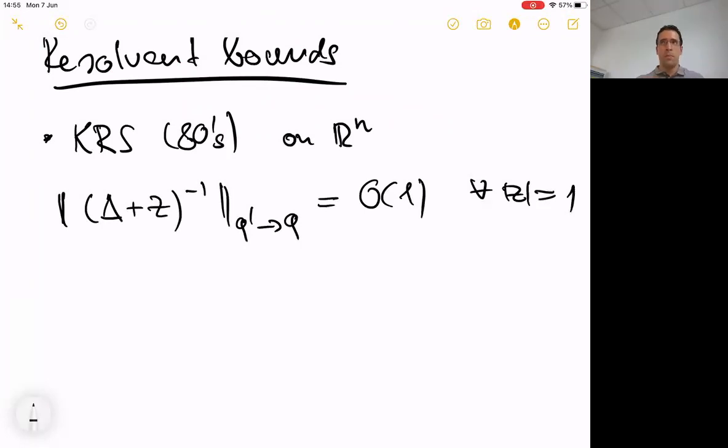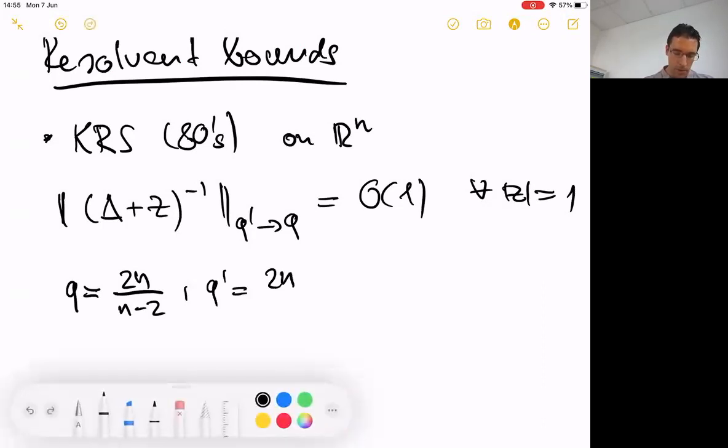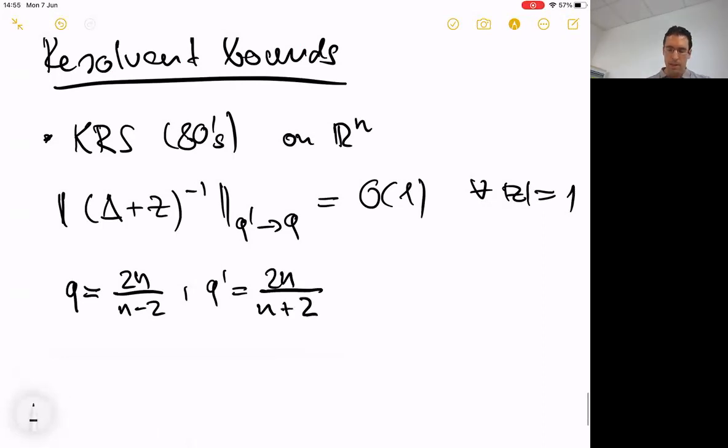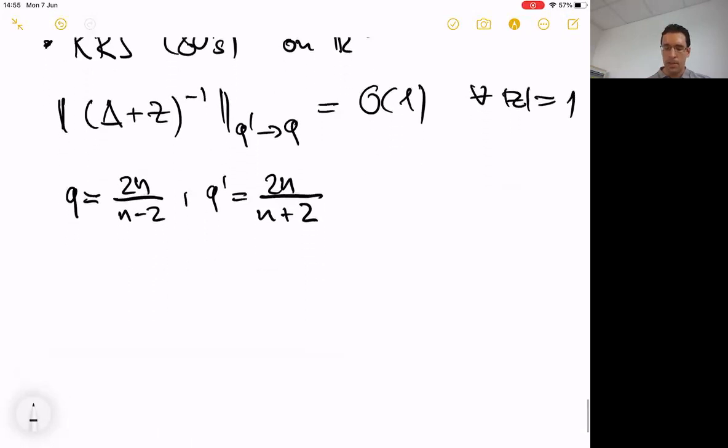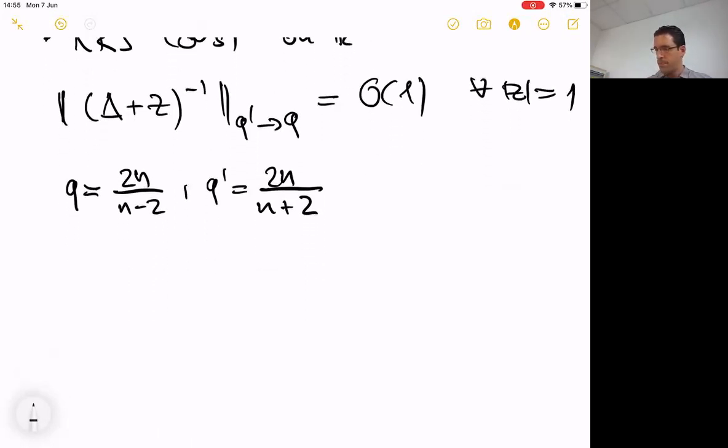They call these bounds uniform Sobolev inequalities because q is the Sobolev exponent, which is 2n over n minus 2 (so here we are in dimension at least 3), and q' is 2n over n plus 2, so you're on the Sobolev line. In this case, if you do the scaling, then you still get the same constant on the right-hand side. So it's uniform. The 2σ(q) minus 1, which enters in the resolvent bound, is equal to 0. That's why they called it uniform Sobolev estimates.